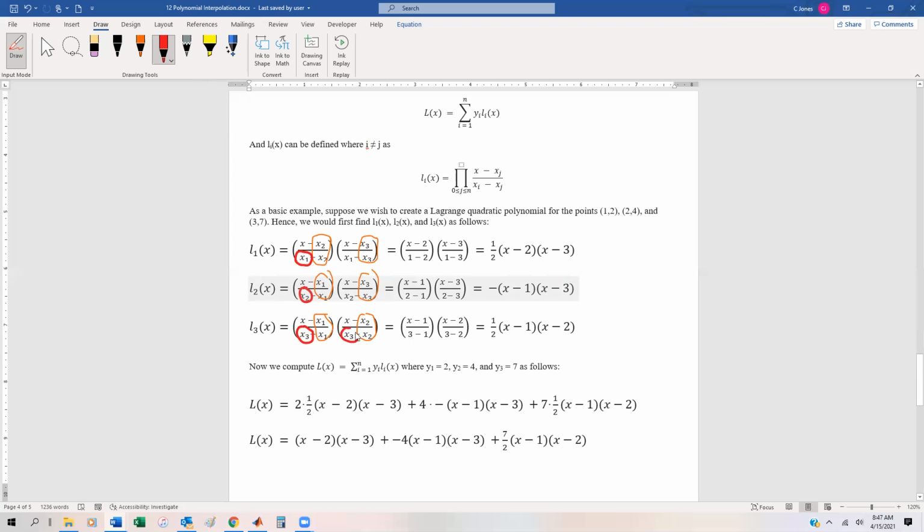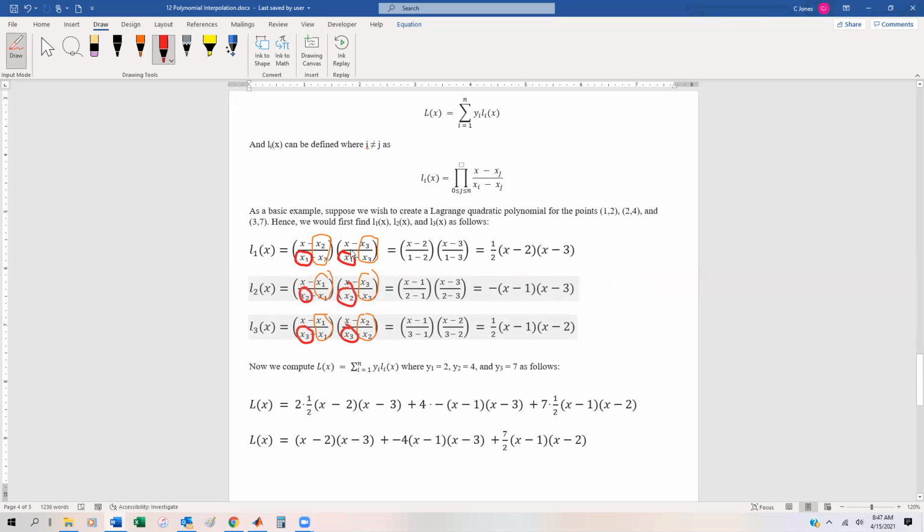So all you're really changing each time is the second terms in the numerator and denominator. The first term stays static. The first term is always x, that's our unknown as we build our polynomial, and the x sub i stays static with L sub i for each of the first terms. So the first term stays static, and the second terms just change in accord with the index.